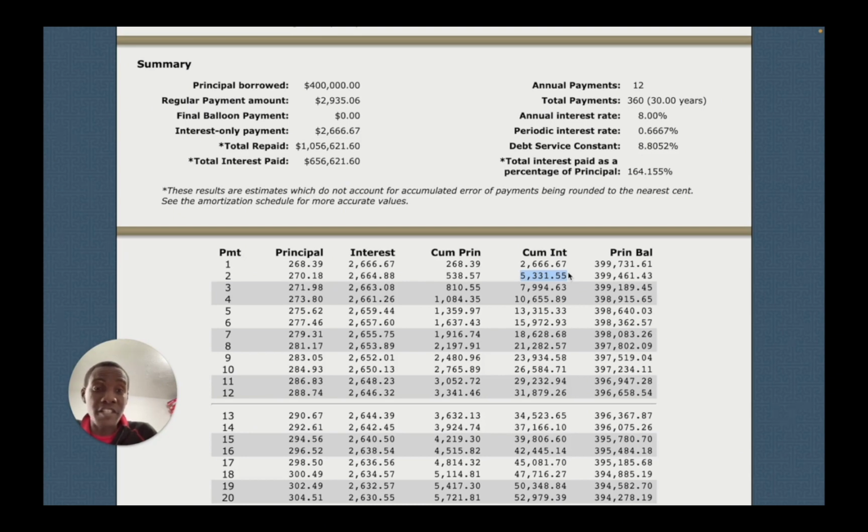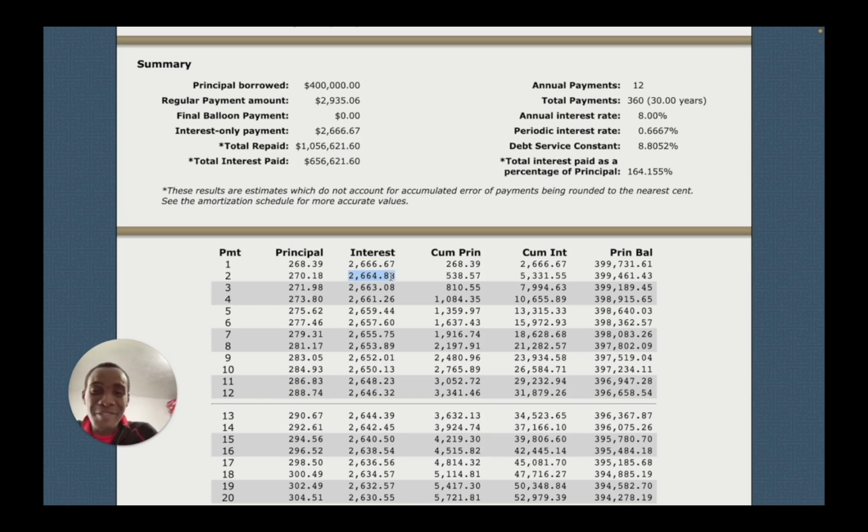It's a significant amount of money in interest that most people pay because they don't know how an amortization schedule works when we prepay to principal. So let's look at the interest savings. Now, when we prepay that $270.18 to principal, we were actually able to save $2,600 in interest.